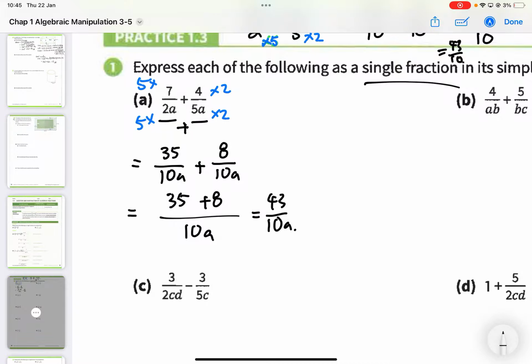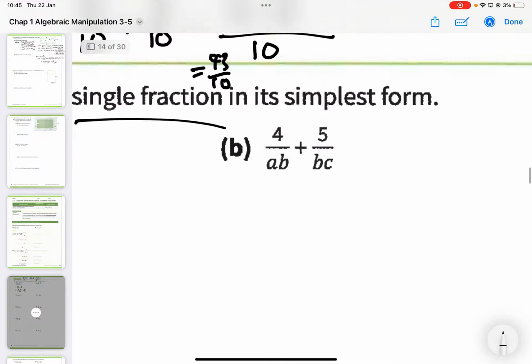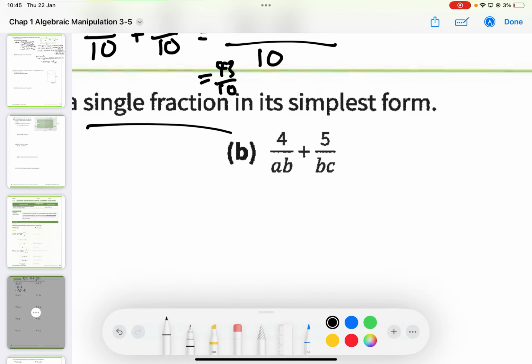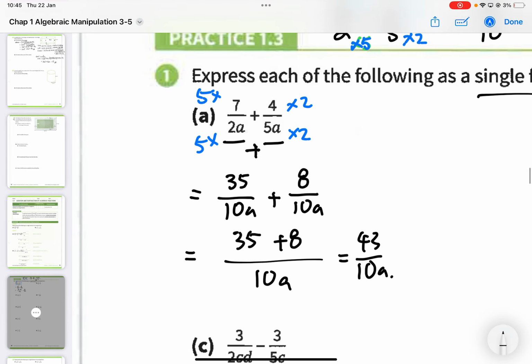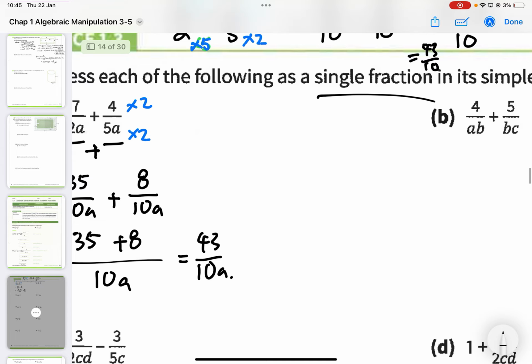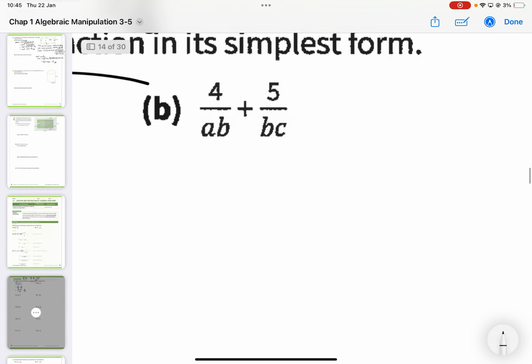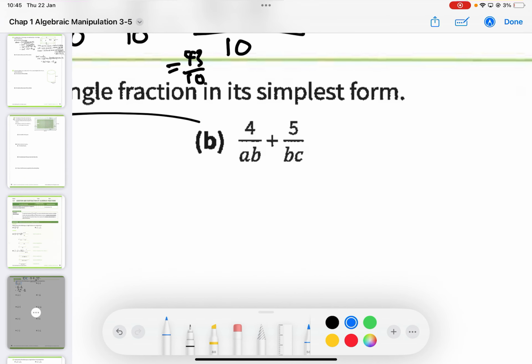For part B, let you all copy first this one. Done. Then for part B, later you all do. I just want to tell you what the common denominator is.